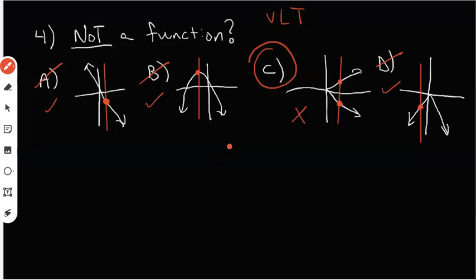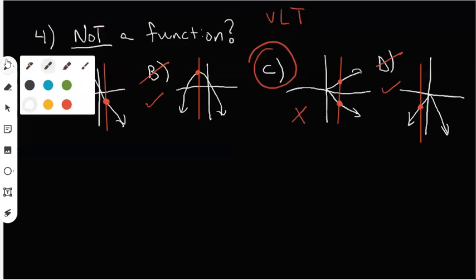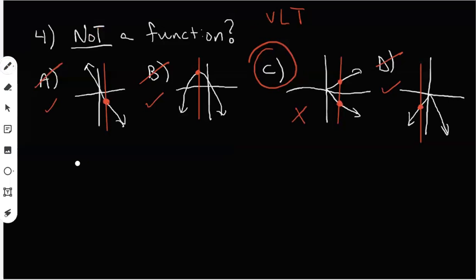Okay, so let's look at the next few questions. We're going to be looking at several charts. We're going to be identifying domain and range, and we're going to be seeing whether or not it's a function. So let's look at number 8. Number 9.